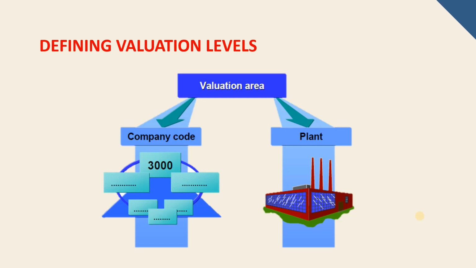In this case, the materials will be evaluated at the plant level, and SAP always recommends to maintain the valuation of the material at the plant, so as to have better control, price control and all those things. And by default, the valuation area is set at the plant level in the SAP configuration.